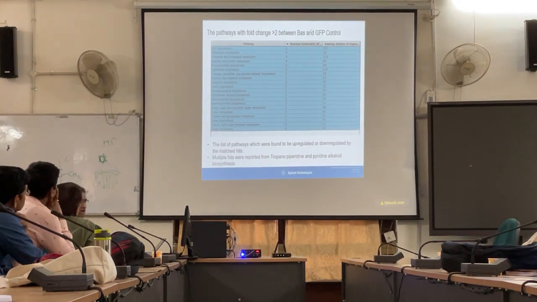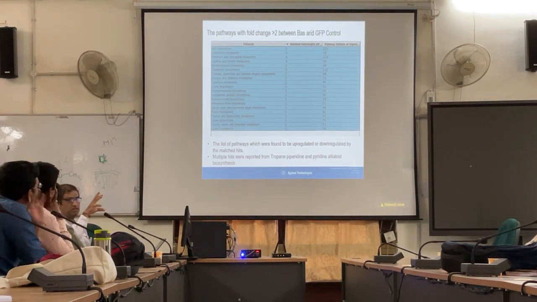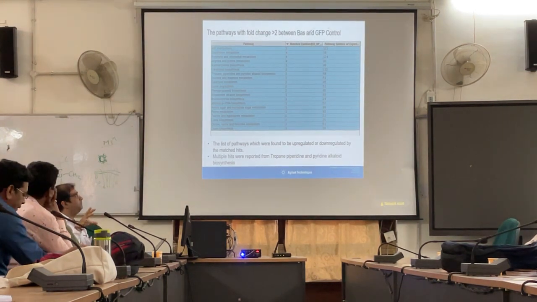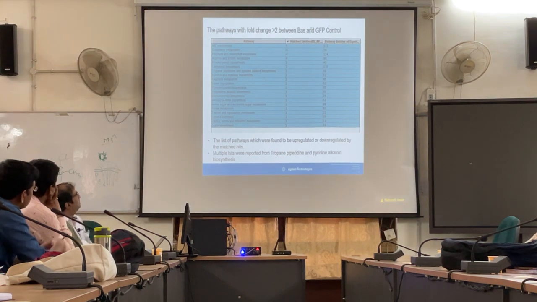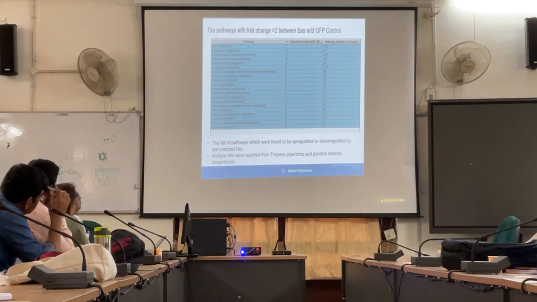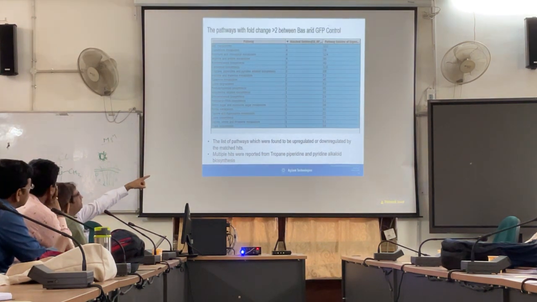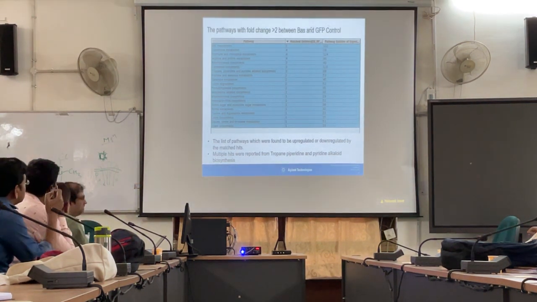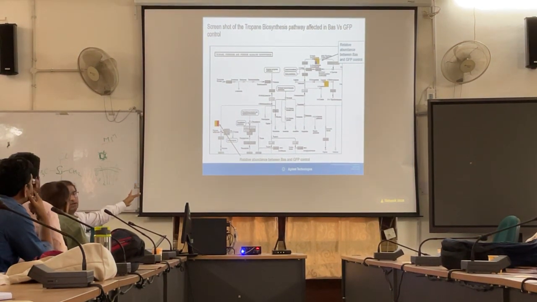Then the next step is pathway analysis. What we will do, we will take the established pathway and we will look for these differentially expressed compounds in those pathways and we will match it. So if you see here, the ABC transporter, the number of compounds in the pathway are 122, but I am matching 5 compounds. What are those 5 compounds and where are they matching in the pathway? This is what we are looking at.